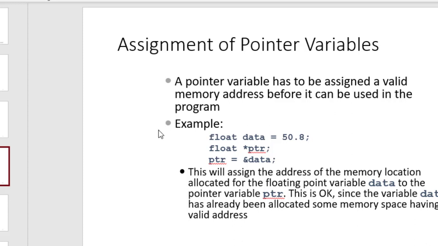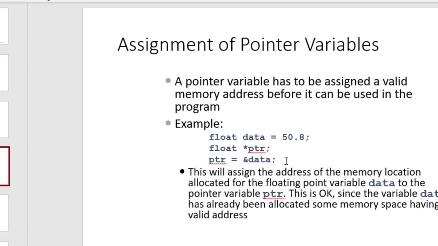So here we have an example. This is a variable called data, which is a float variable with its initial value, that is, its initialization. And here we have the variable ptr, a pointer which will point to a float variable.